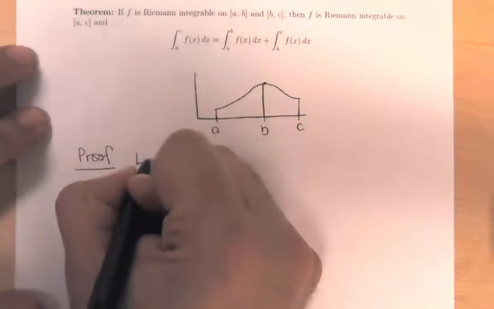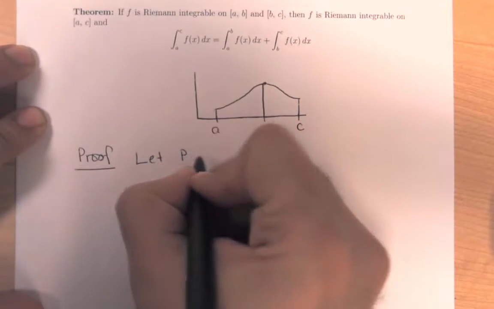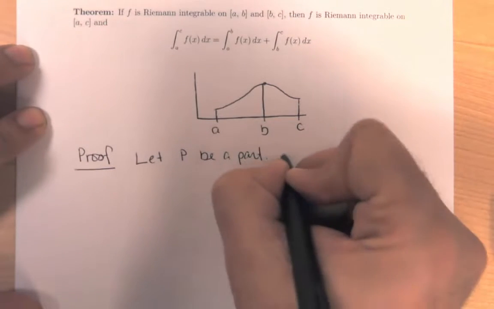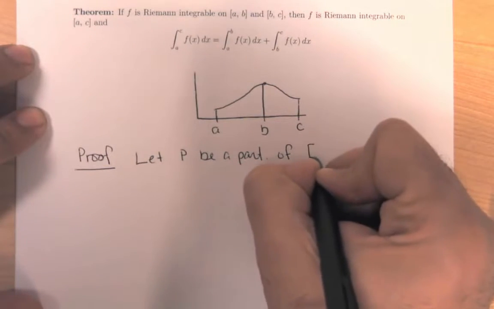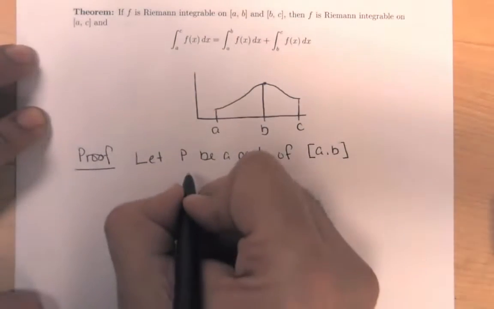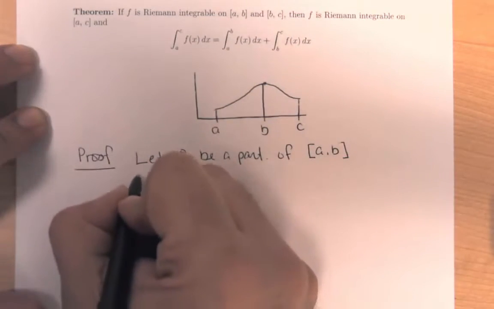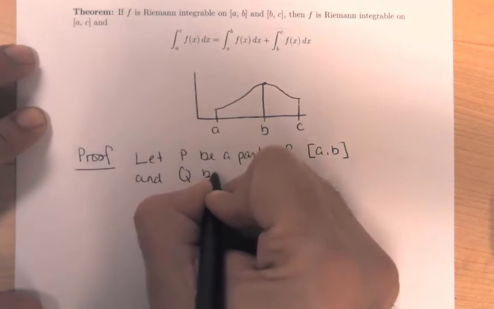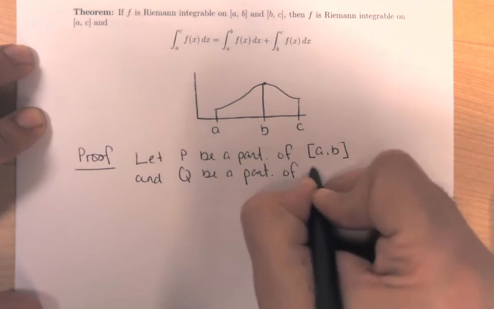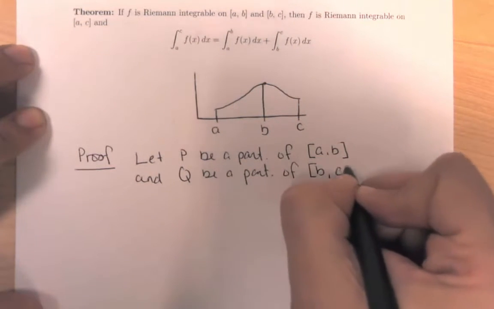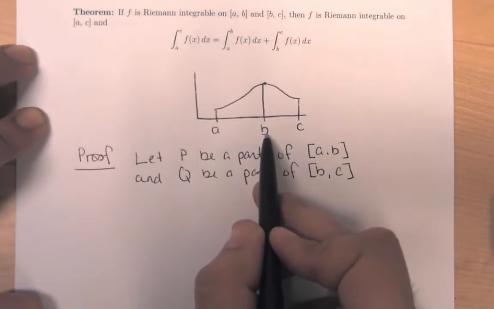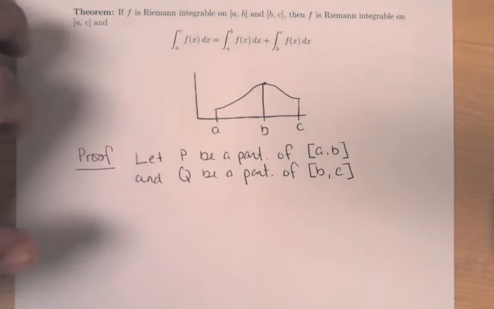So let P be a partition of a to b, and let Q be a partition of b to c, right? So P partitions this interval and Q partitions this interval.